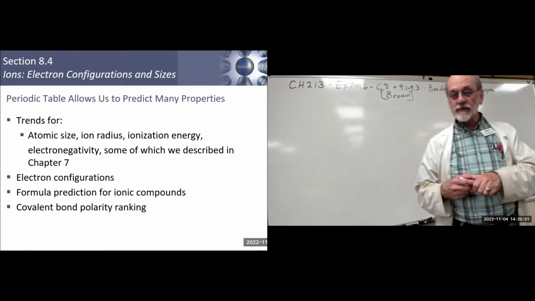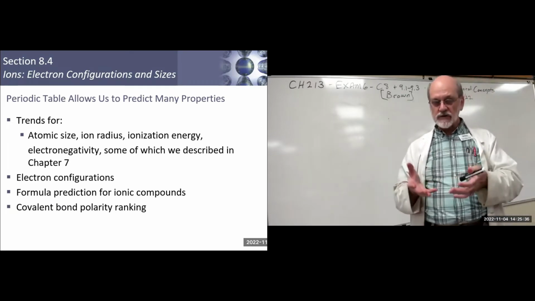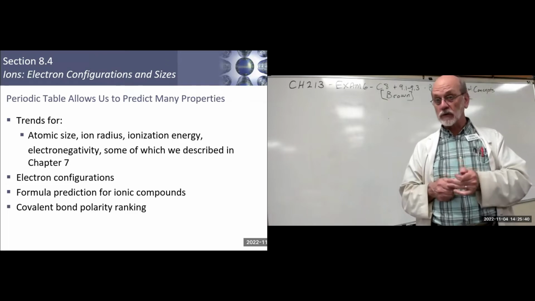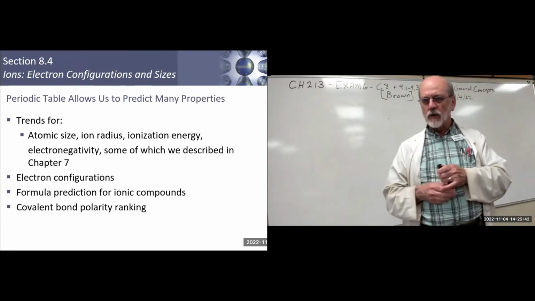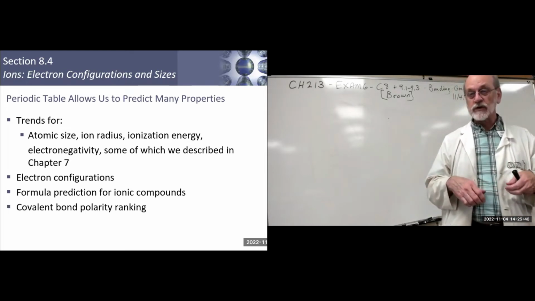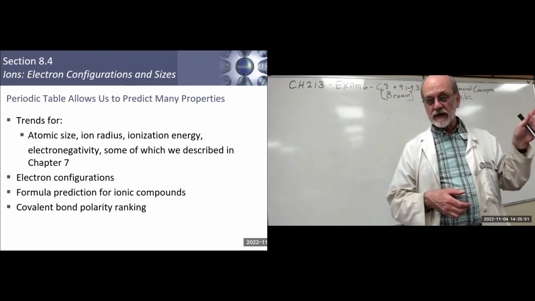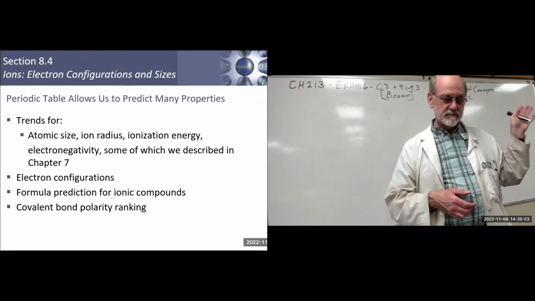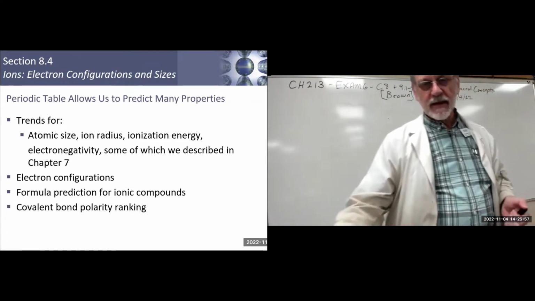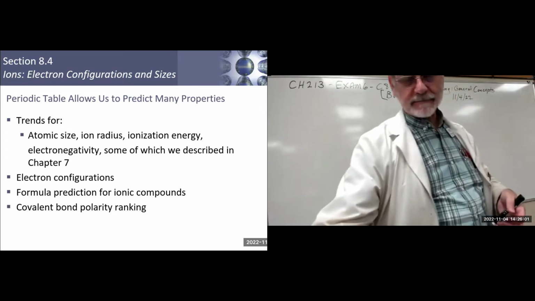We can predict formulas for ionic compounds because we know what their preferred charge is. Or if we don't, then the naming convention says you have to be told. But there are only a few selections for ionic compounds. We just described 4 of them from the representative element metals on the periodic table. And we can rank covalent bond polarities. We've done that.